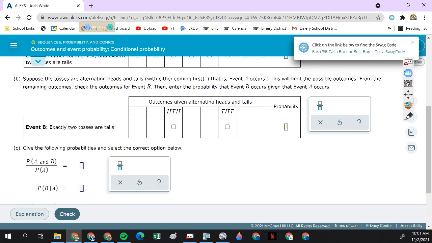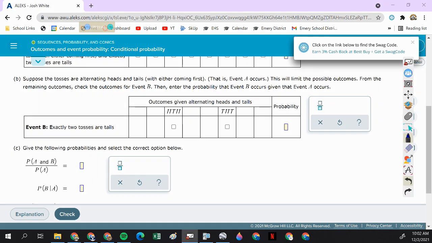Suppose that the tosses are alternating heads and tails. From the remaining outcomes, find the chance of event B. So if I tell you I flipped this coin 3 times, and the result had alternating heads and tails, what is the chance that there are 2 tails? 1/2, right?